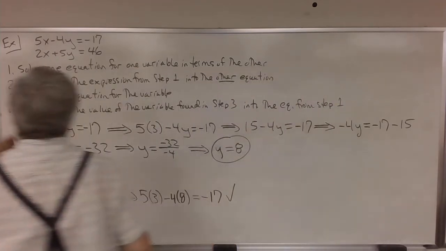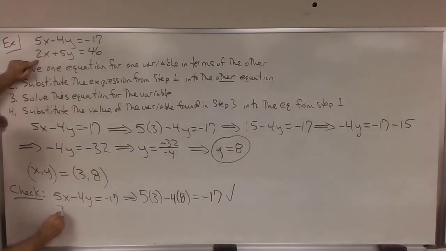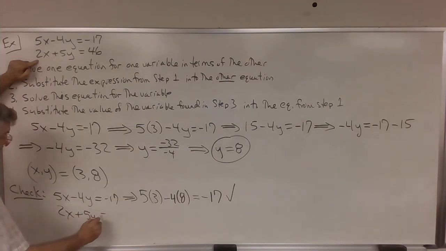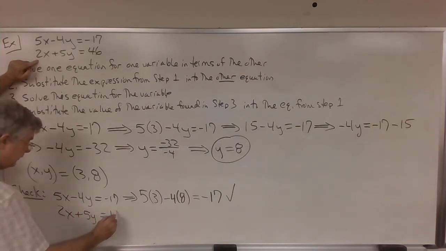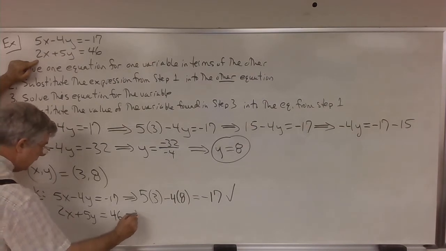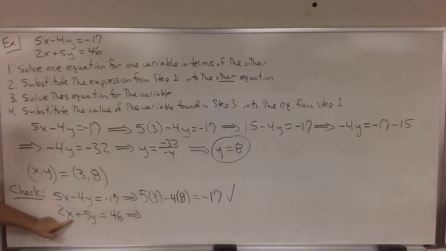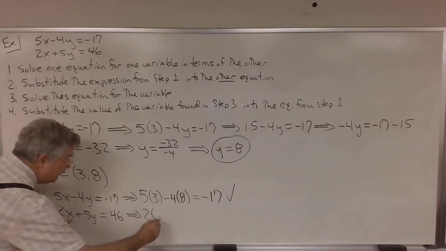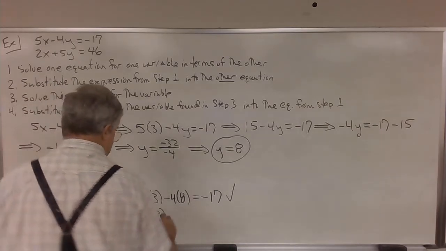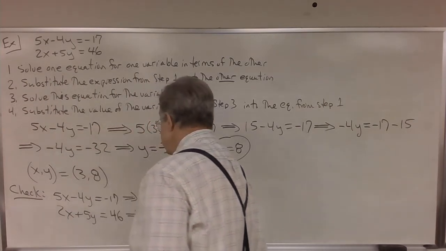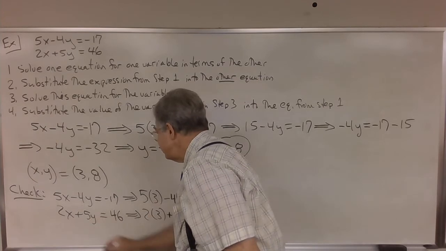Now the other equation, 2x plus 5y equals 46. So I plug in 3 for x. I plug in 8 for y.